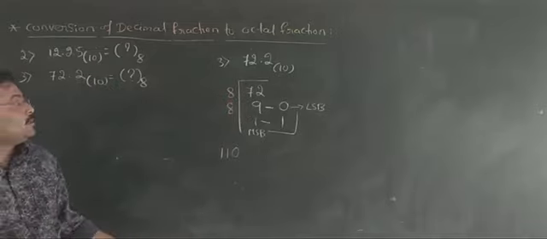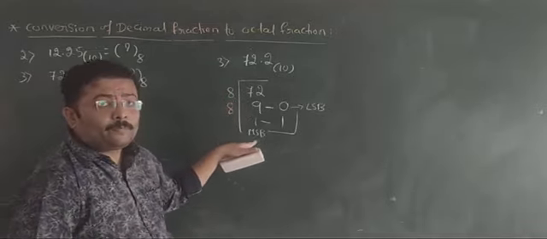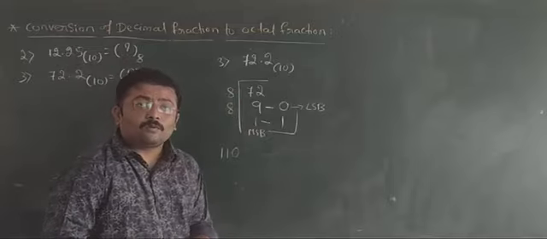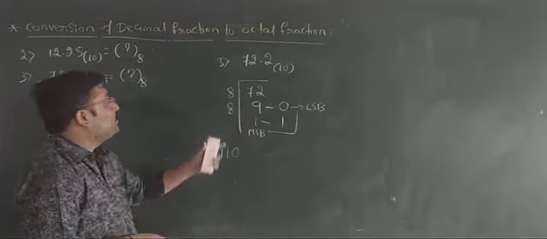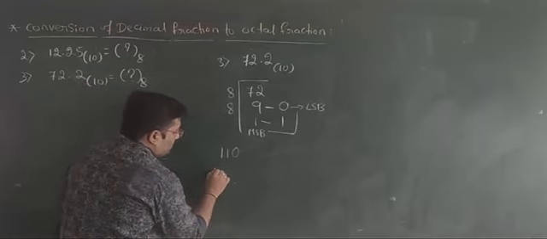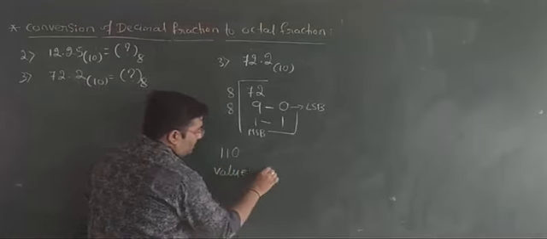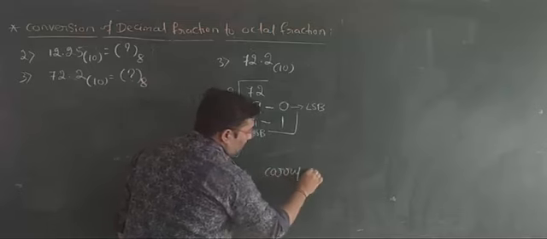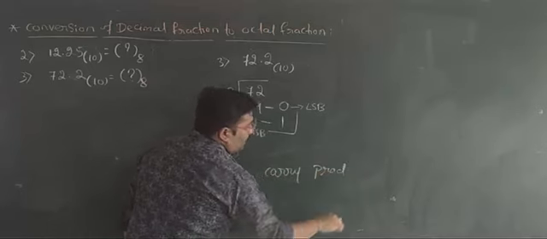So 1 1 0 is my equivalent octal number of 72. After converting the integral part to the octal number system, let us move on to the decimal fraction: value, carry and product.